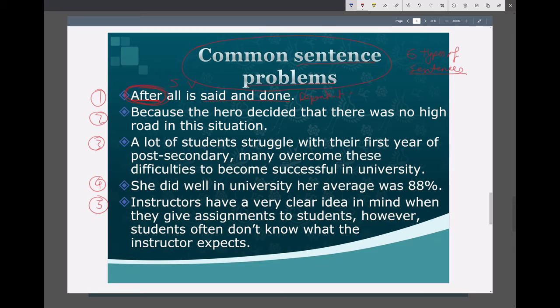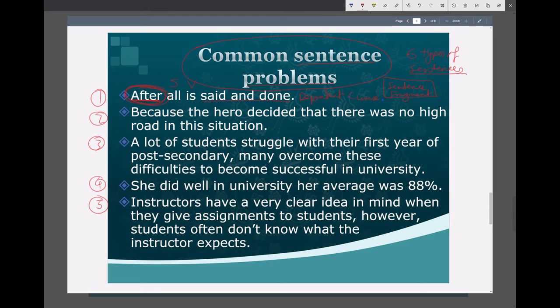And there's another word for dependent clause. It's called a sentence fragment. And we're going to see this term again as the first problem of sentence errors.